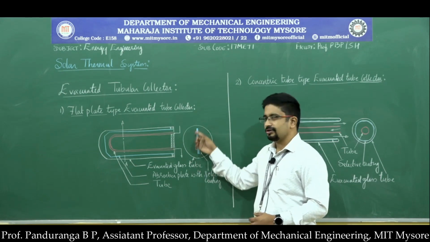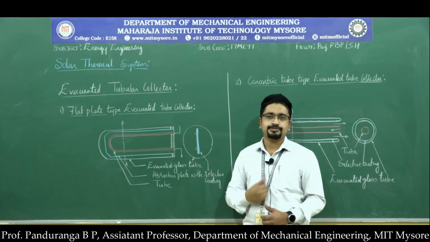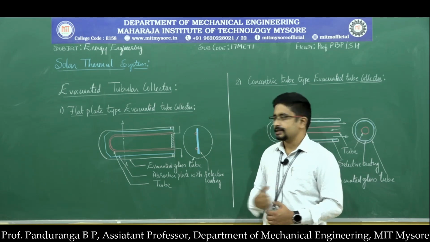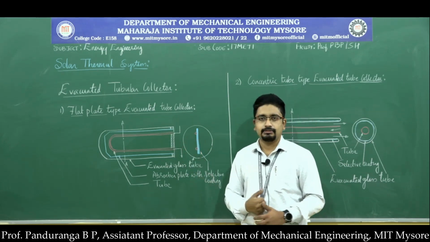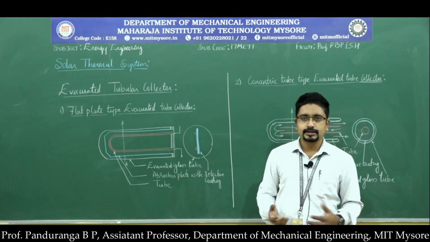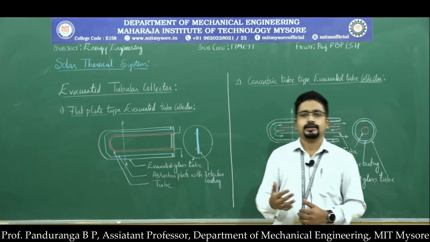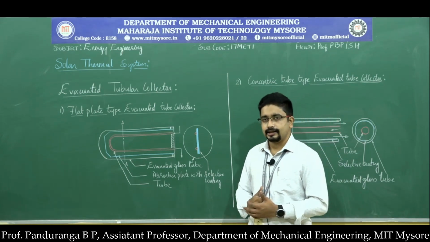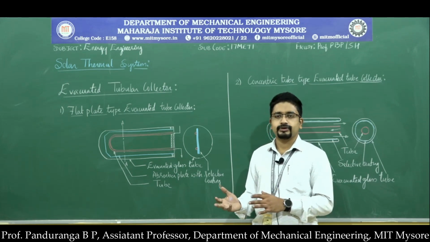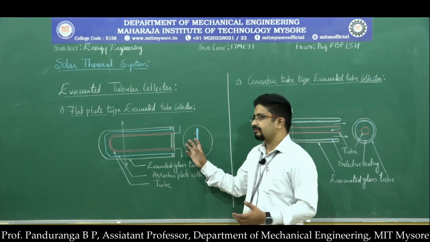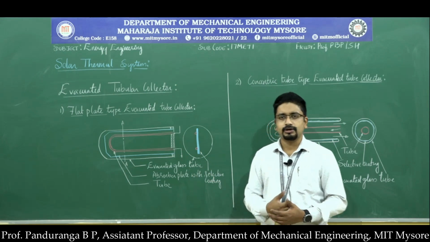As the water flows through the tube, it absorbs a large amount of energy, and since we are providing an evacuated chamber, there will be no conduction or convection, and the amount of heat lost will be reduced. If you compare this with a flat plate collector, this requires far less energy.